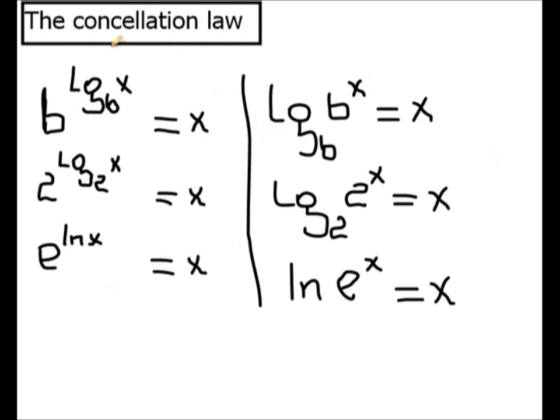Now the last rule, we call it the cancellation rule. What is it? If I have b to the power of log base b of x, that's equal to x. An example: if I have 2 to the power of log base 2 of x, that gives me x.